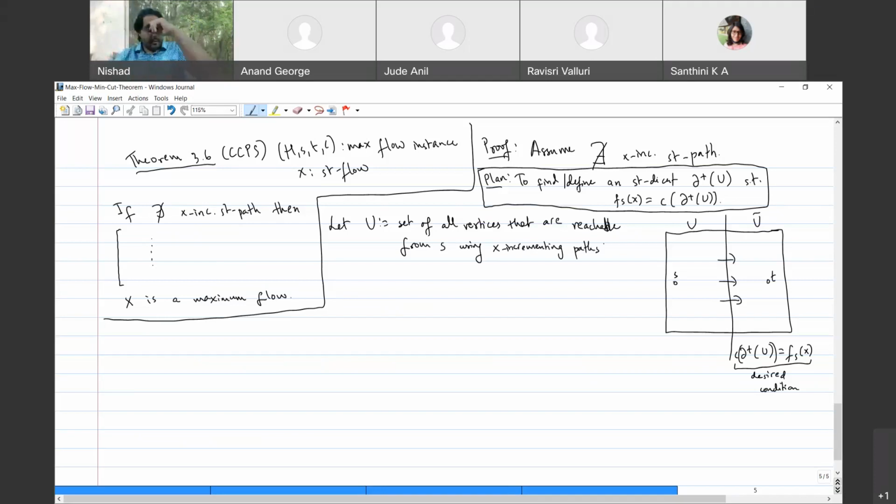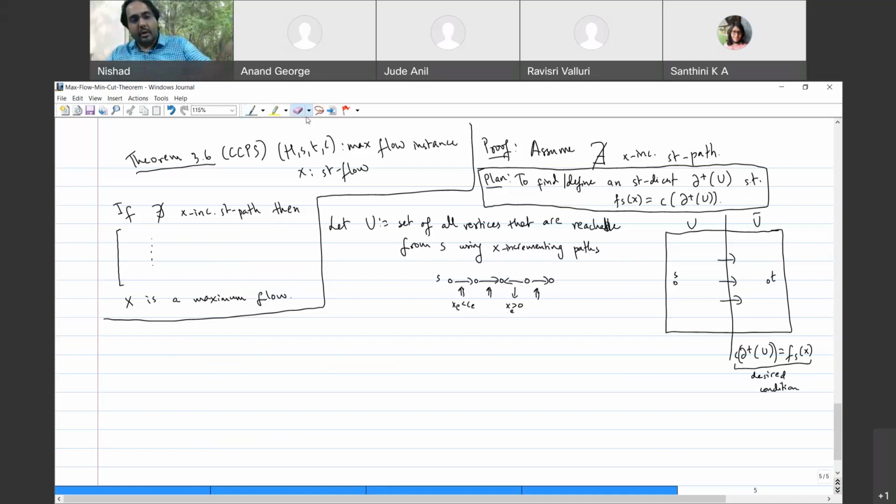Which means we are looking at a path that starts at S, and this is a path in the undirected graph, so you could have reverse arcs. All the forward arcs should be under capacity, so xe is less than ce, and the reverse arcs should have x greater than 0. So that is the definition of x incrementing path that we saw earlier.